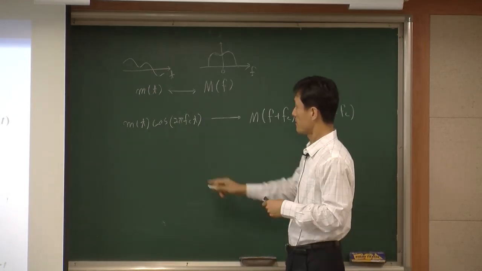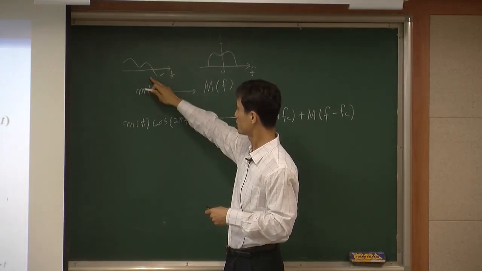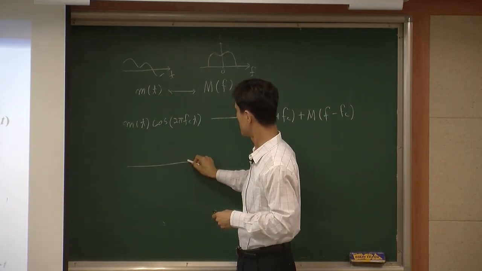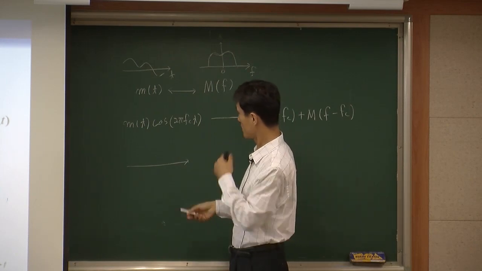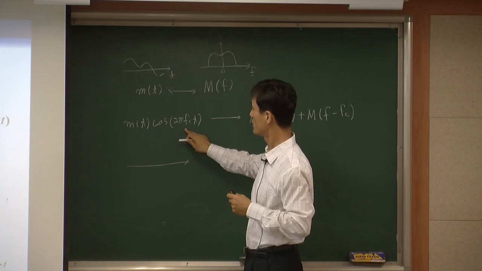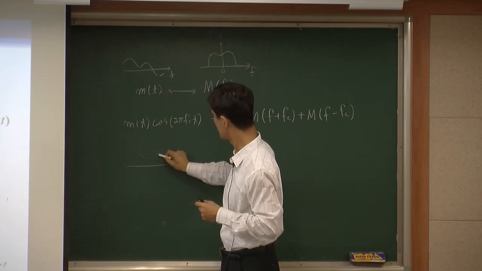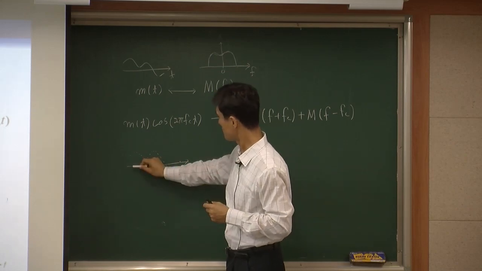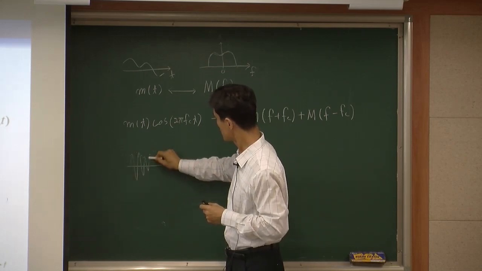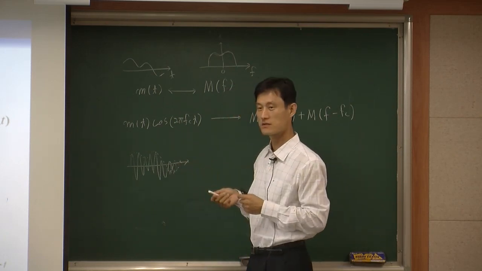In that case, what happens when you multiply a cosine carrier into here? Typically, the carrier frequency is very high. When you multiply this into here, you're going to get something like this.